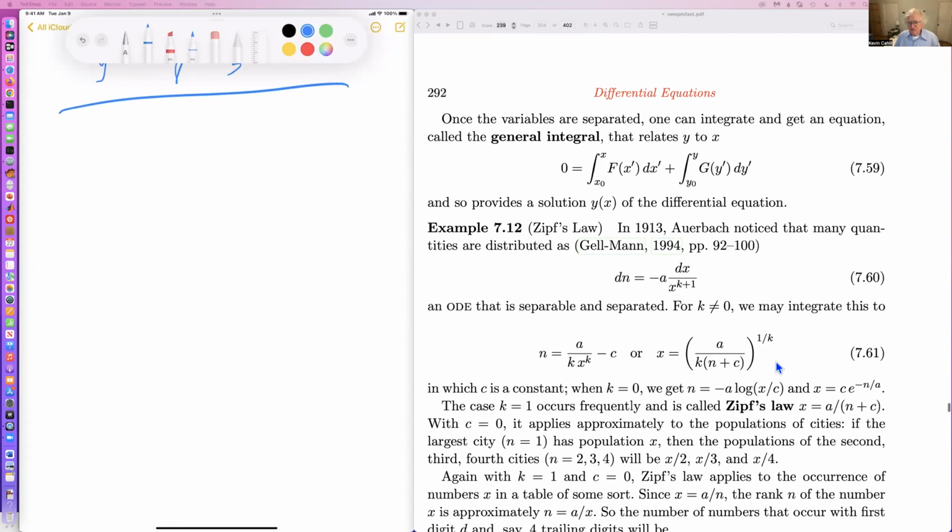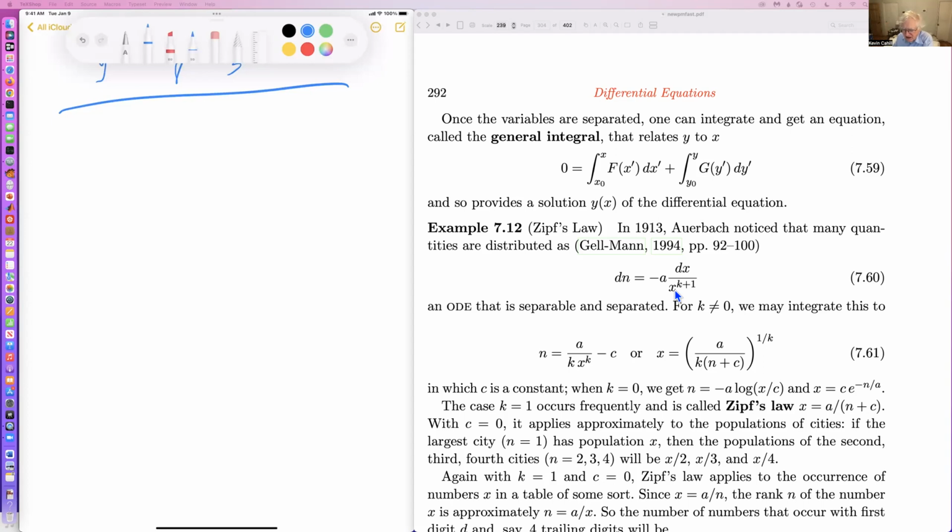There's something called Zipf's law, which is an amusing example. I learned about it from Gell-Mann. A guy named Auerbach noticed that many quantities are distributed in a funny sort of way, that there were n of them that depend upon x.